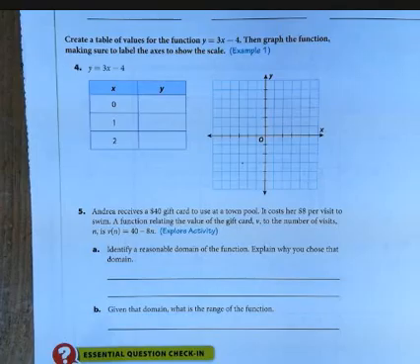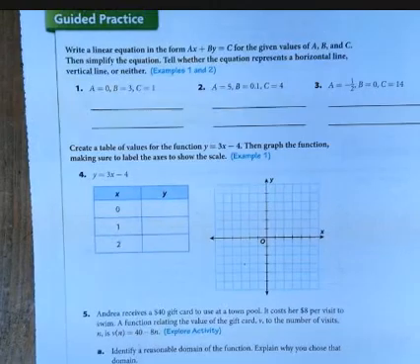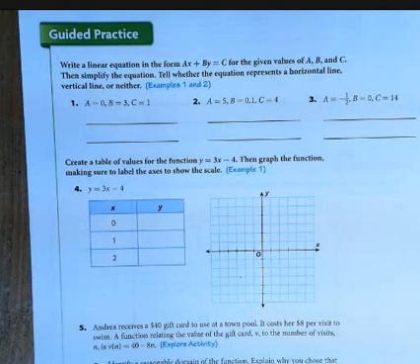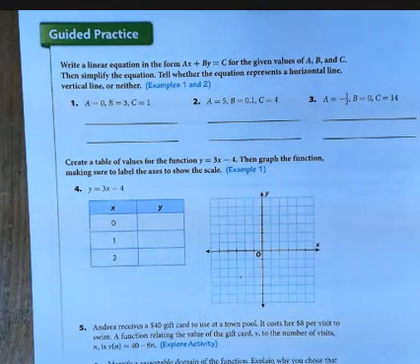We have 0x plus 3y equals 1. And so this x obviously cancels out, and we're left with 3y equals 1. If we divide both sides by 3, we have that y equals 1/3. And again, since we do not have an x value, this is a horizontal line.